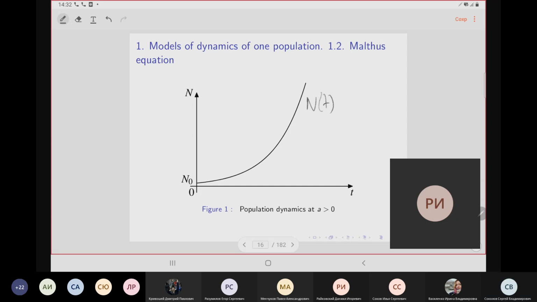So it is absolutely not a realistic situation, because the space is limited, our planet is limited, and our resources are limited, and so on. That's the second problem of Malthus.